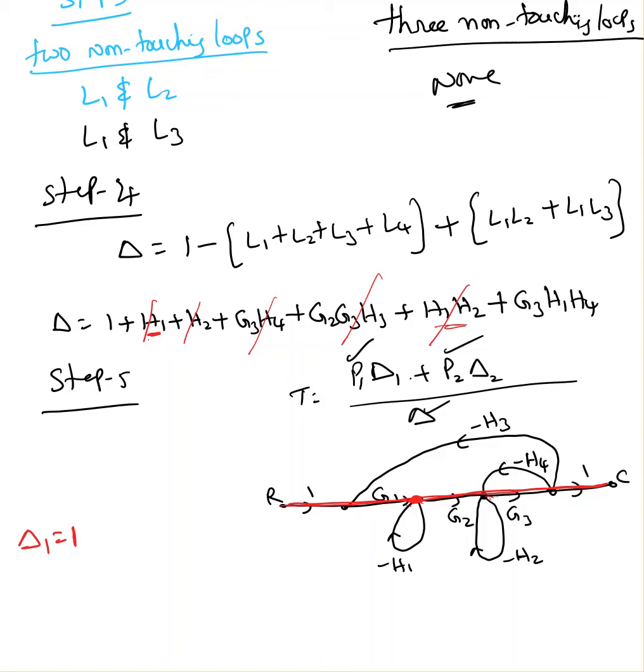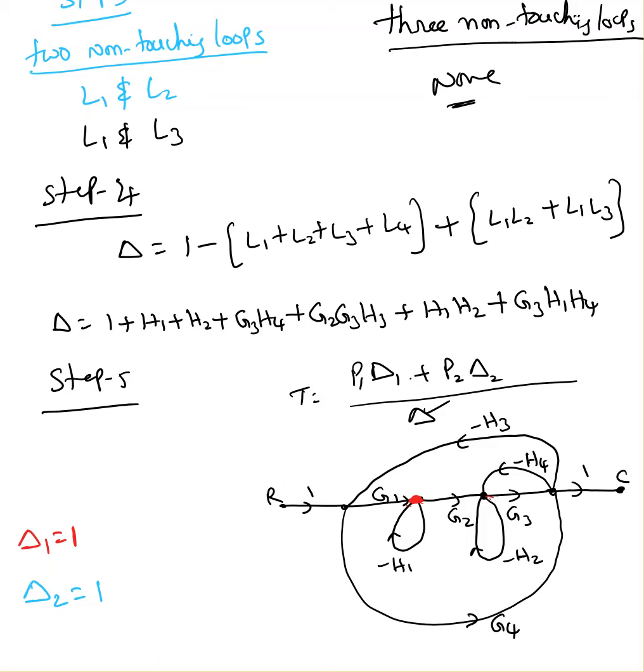Now delta 2, and I'm going to use the blue here. Delta 2 equal to, I'm going to put 1. Now H1, so path 2 is right here. Oh, I believe I didn't draw everything. Let me draw. So here is path 2. This is my path 2.